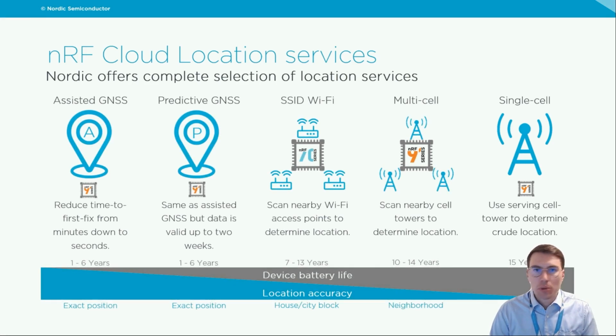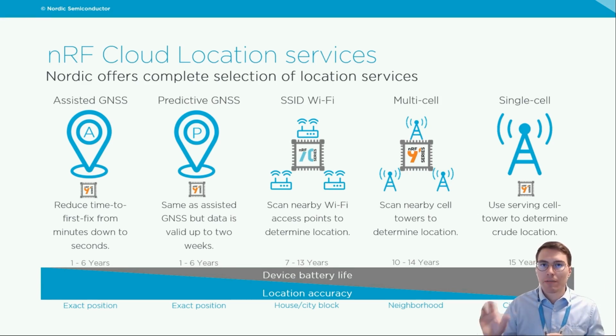But all in all, you can combine, pick and choose whichever service you like and what suits your application. So you can have multi-cell as well as assisted GPS and Wi-Fi in your device. And a nice thing with nRF Cloud, we have different location vendors underneath us, and we always provide the best location possible for your region, because that's different based on location vendors.